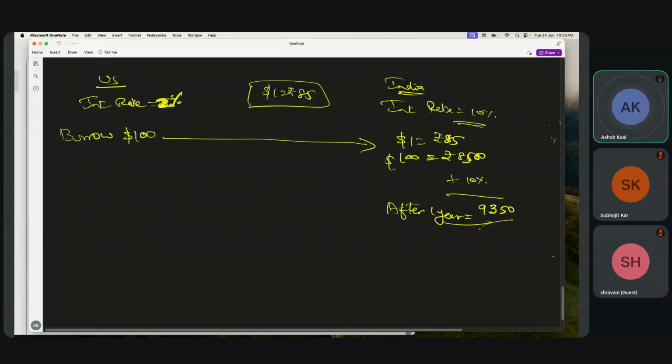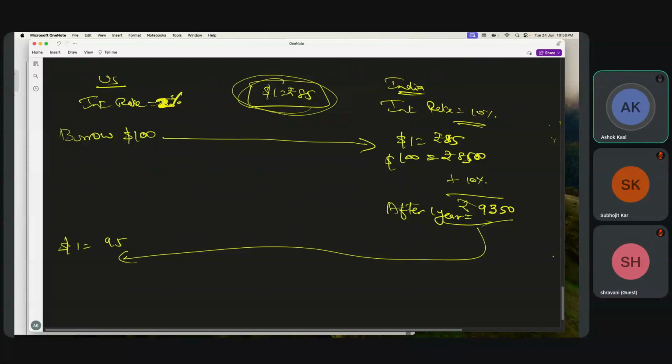Now this 9,350 rupees, you will take it back to US. By that time, the exchange rate would have changed. Let's see in different scenarios. Say it became 95, from 85.